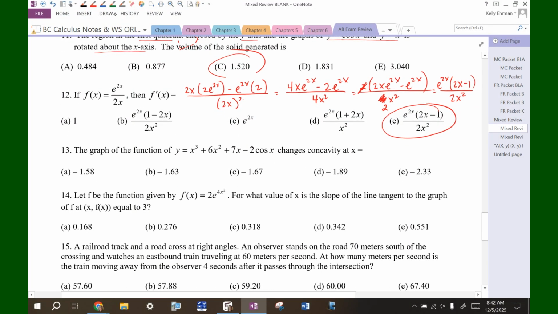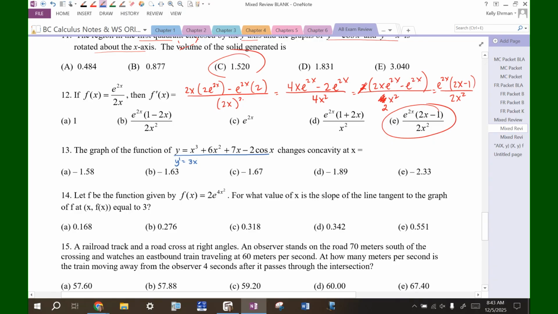Okay, for number 13, the graph of this function changes concavity at, so all right, we can't just graph this. I don't think we can just graph this and find that point of inflection. So I think we need to find y prime.